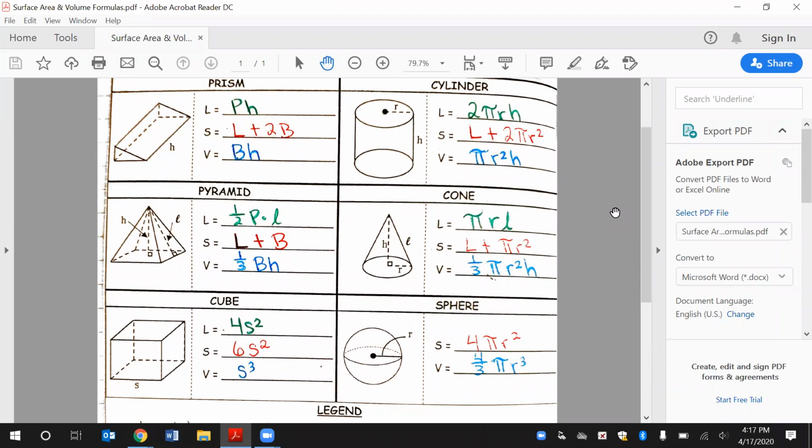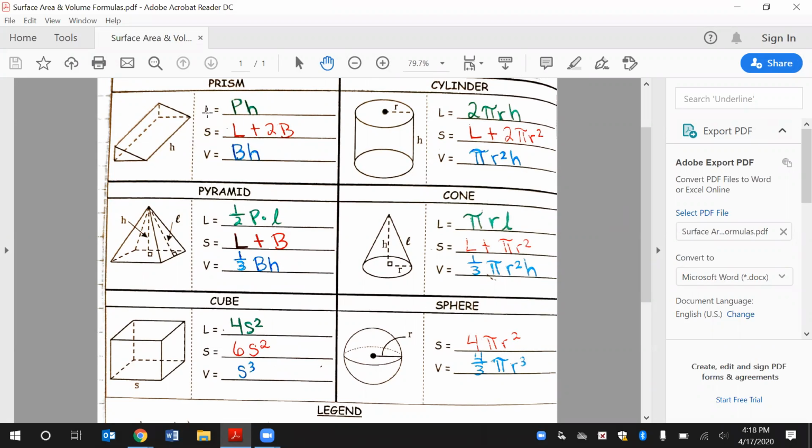So for the next weeks, we'll be using just this formula, surface area and volume. For this week and next week, we are focusing just on surface area. So you will be using the formulas for L, which is lateral surface area, and S, which is total surface area.